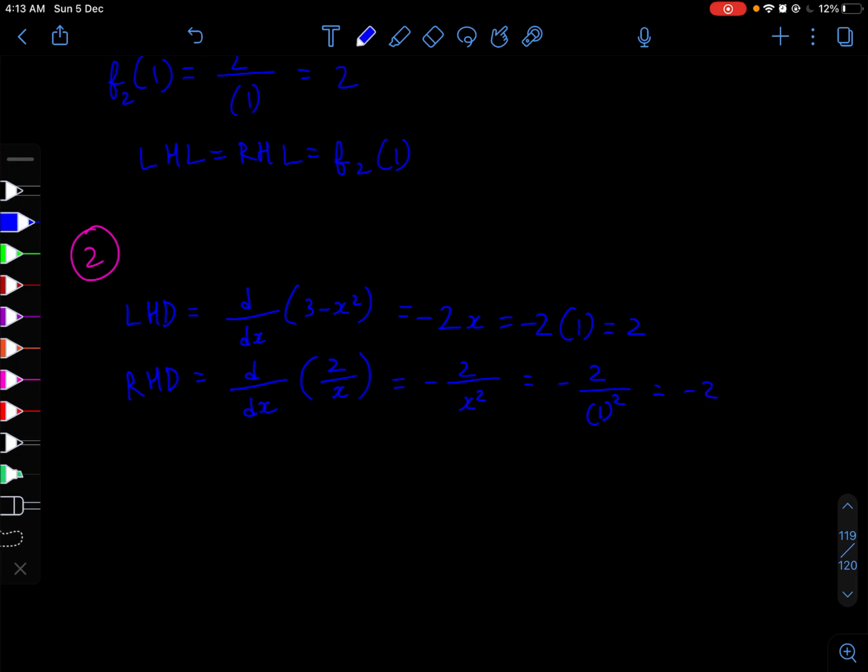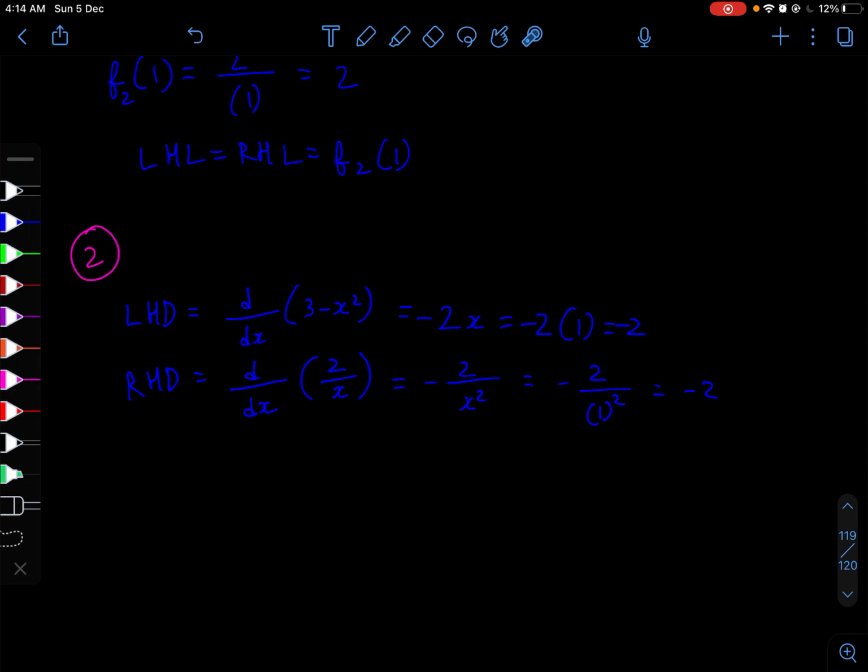Oh, okay, this is supposed to be minus, so the differentiation of 3 minus x squared with respect to x is minus 2x, which is minus 2 times 1, which is minus 2, and the right hand derivative is the differentiation of 2 divided by x with respect to x, which is minus 2 divided by x squared, and we substitute 1 in the place of x, and so we get minus 2.